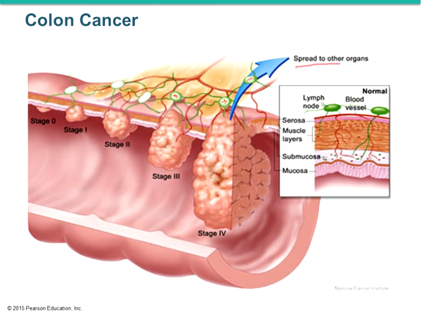Oftentimes that metastasis occurs through what's called the lymphatic system. You have lymphatic vessels that go very deep and close in the connective tissue, almost all the way to the mucosa. As those cells are getting cancerous, they can invade into the lymphatic system and metastasize in that fashion.